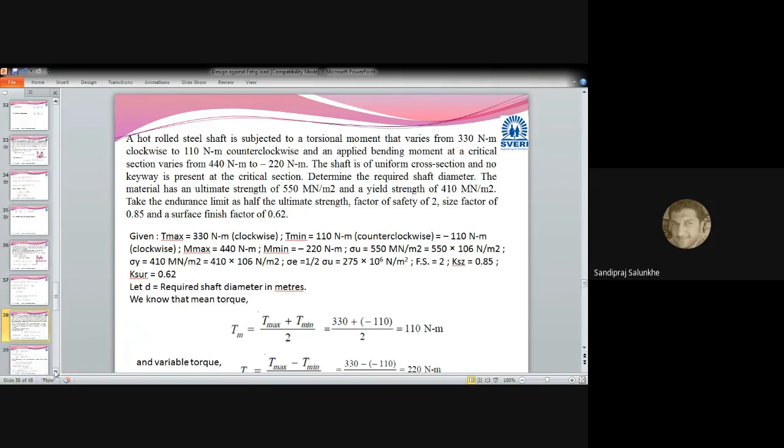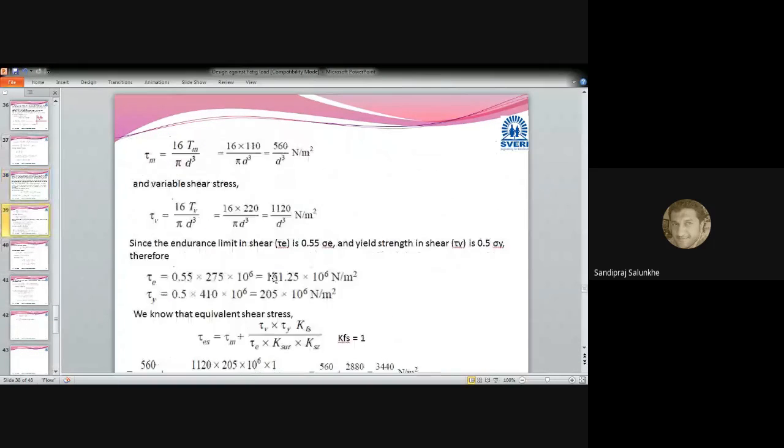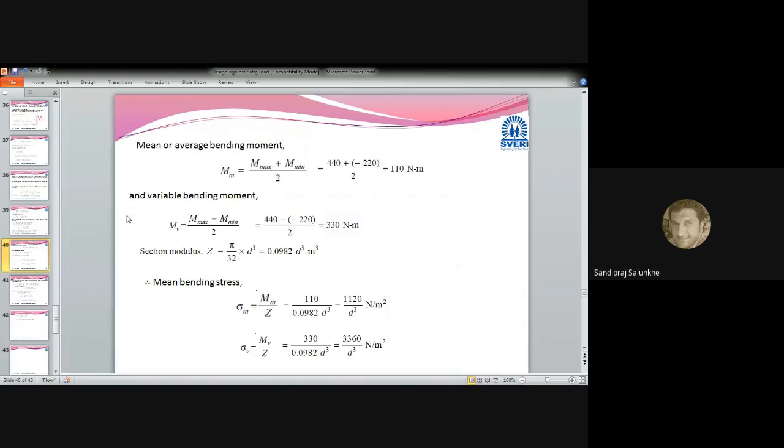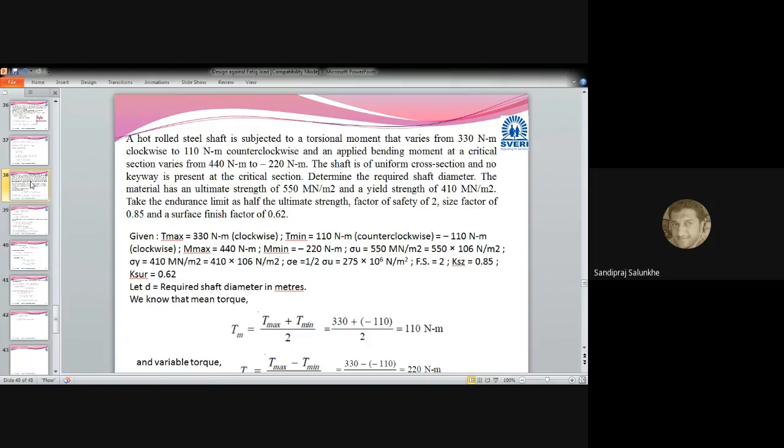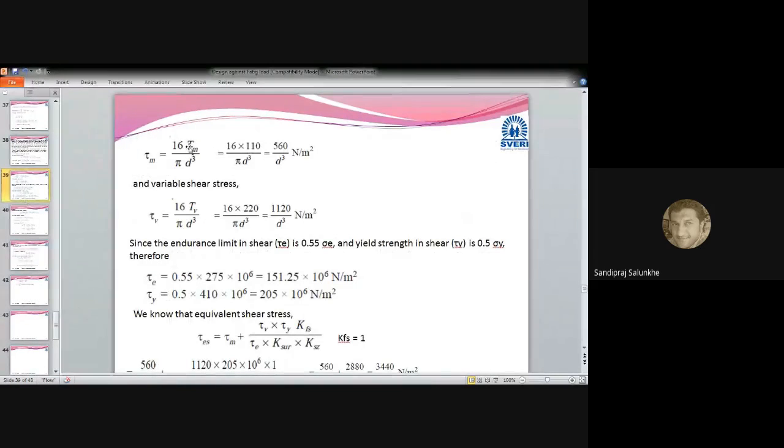So we'll take the endurance principal stress into 0.55, that will be the endurance shear stress, and yield shear stress is 0.5 of yield principal stress, that we saw while solving the problem related to the knuckle joint and cotter joint long back.